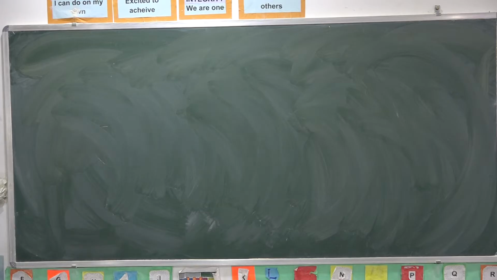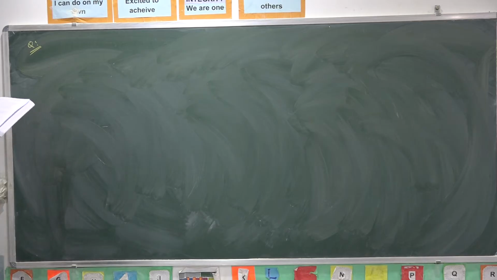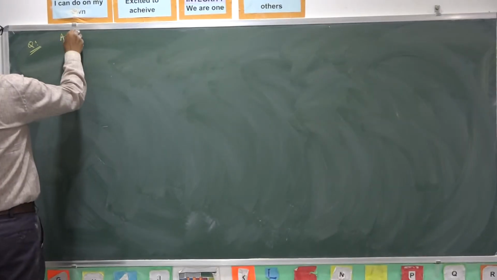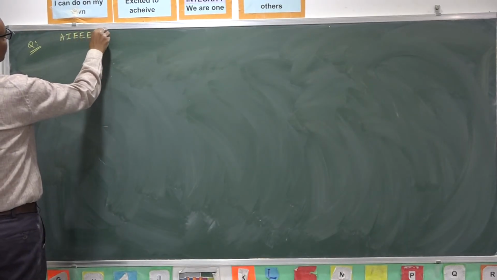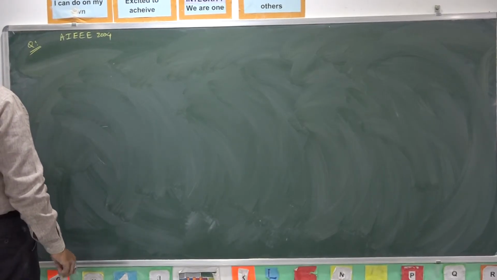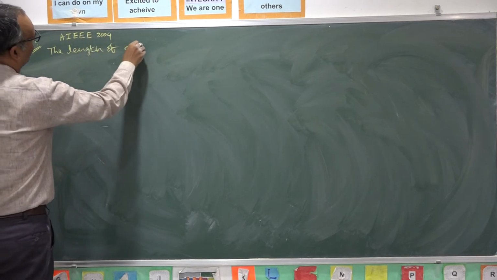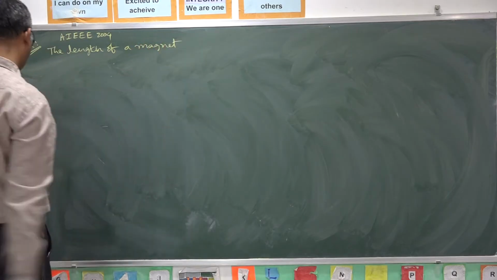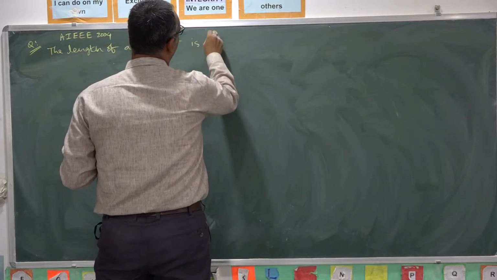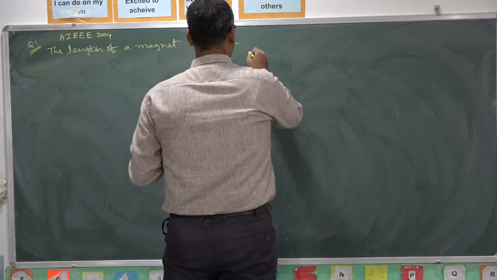One more question, let us see. The question was asked in AIEEE 2004, that is now JEE Mains. The question says, the length of a magnet is large compared to its width and breadth.